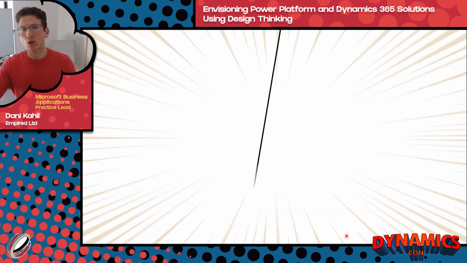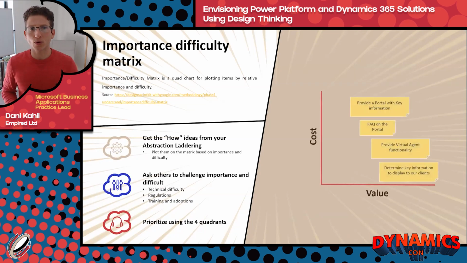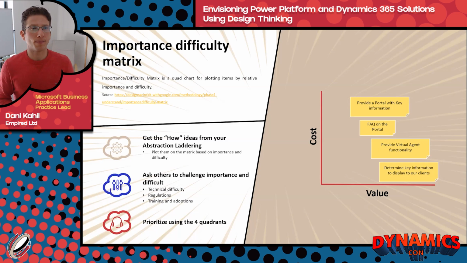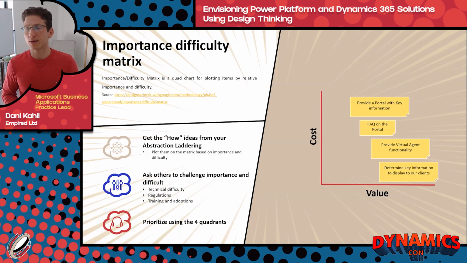And then the last but not least that I'm covering during my presentation today is the importance difficulty matrix, which is kind of a 2-axis matrix where you're going to plot the items by relative value versus difficulty, or versus cost.